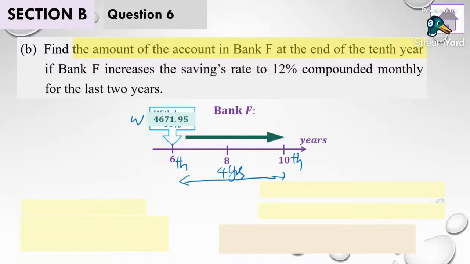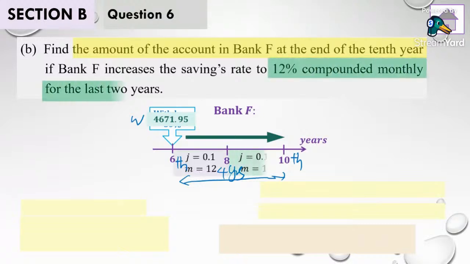So this is the amount that we want to know. Then we know that Bank F increases the saving rate to 12% compounded annually for the last 2 years. So what is actually happening in the story is what is being told in the question.